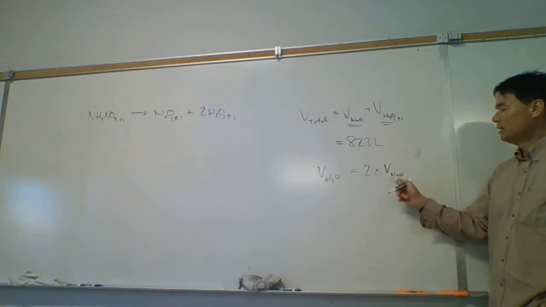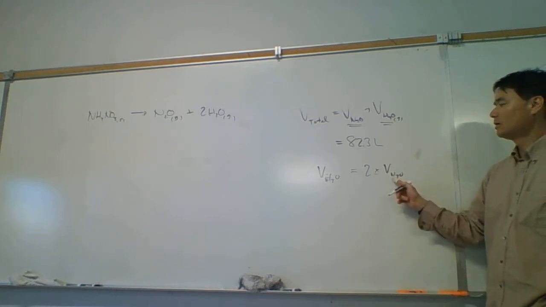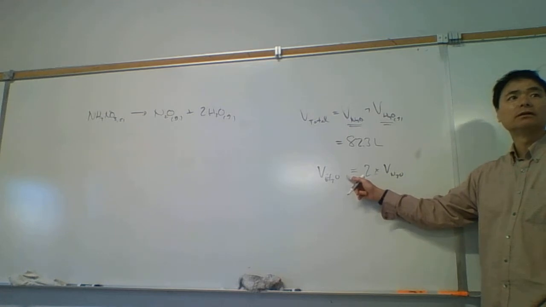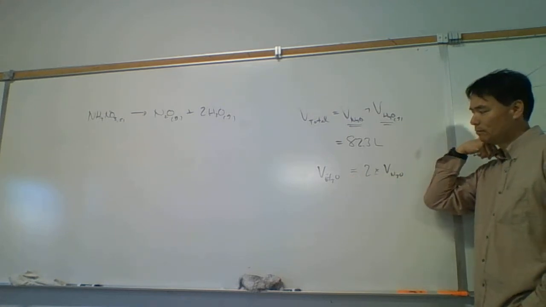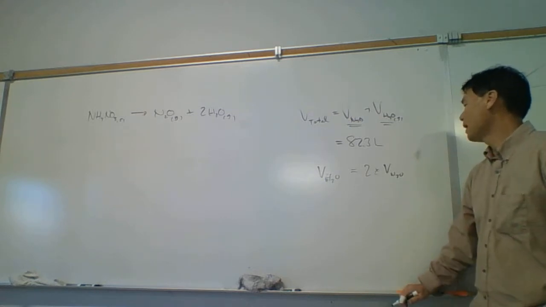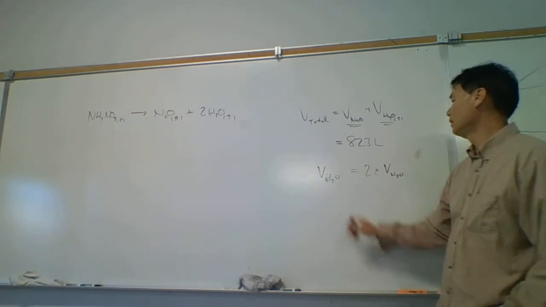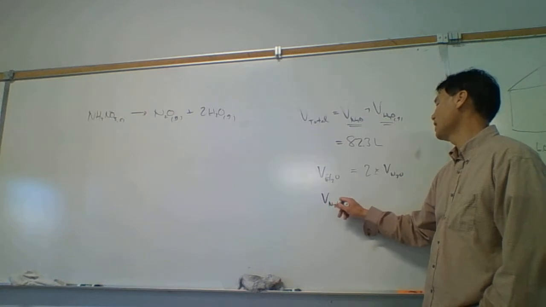So if I produce 1 liter of nitrous oxide, I'm going to produce 2 liters of H2O, a 2-to-1 ratio. Let's have the volume of nitrous oxide equal X.